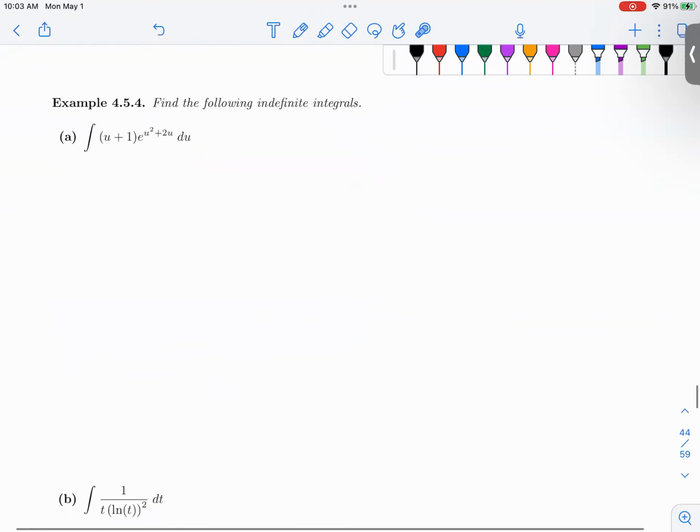Also, just as a note on 4.5.4 part A, notice that the variable of integration is already u. So you don't want to choose u again. So maybe just choose a different letter. U is just the convention, but you could use B, V, W, H, whatever you want to do.